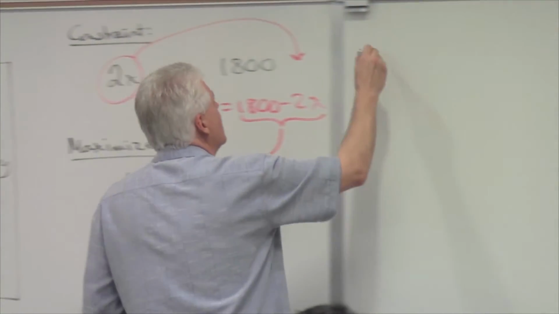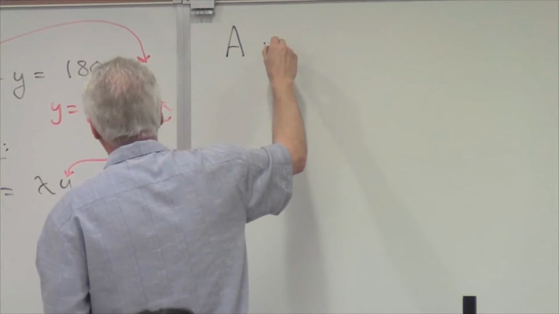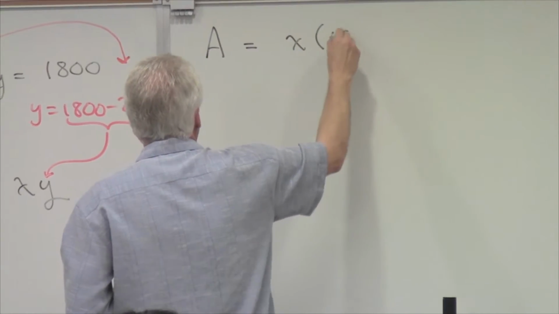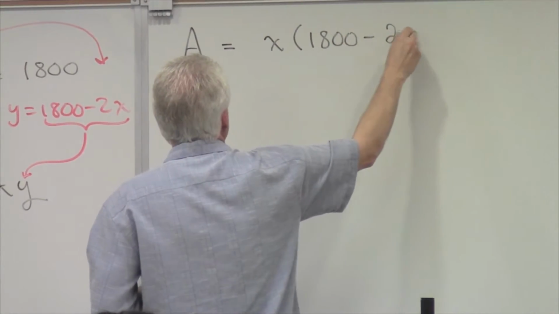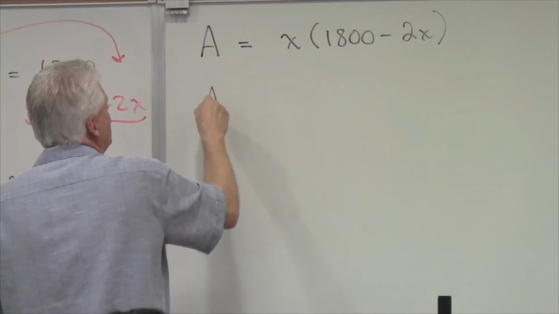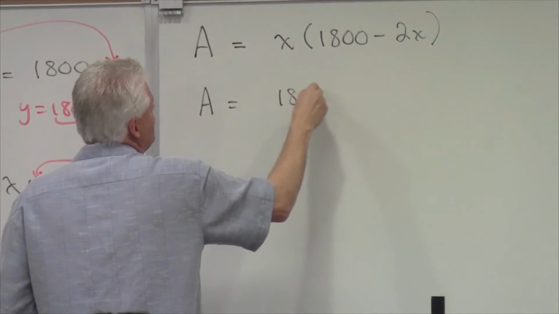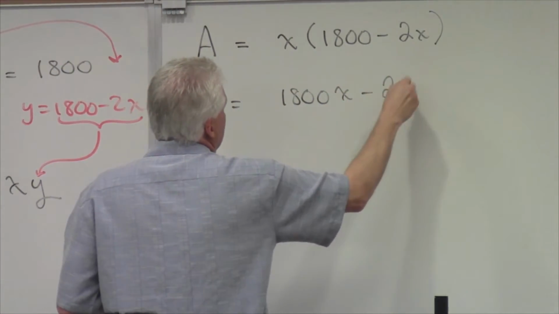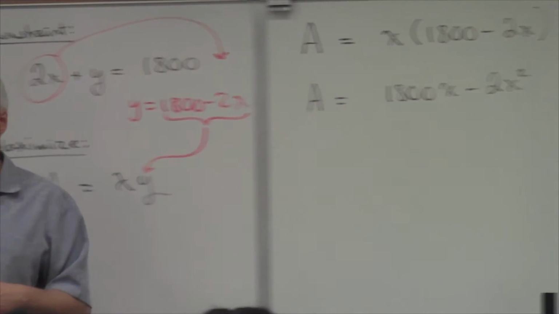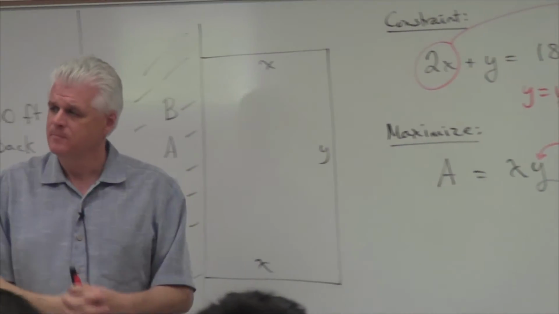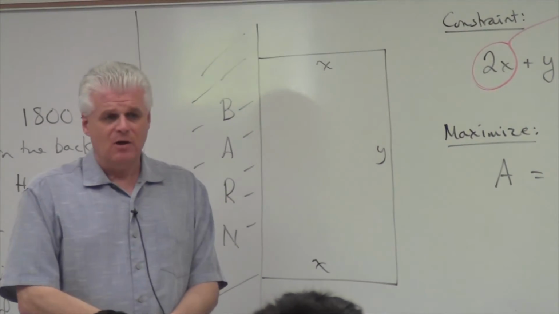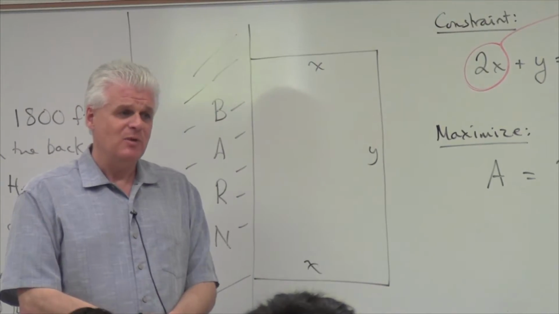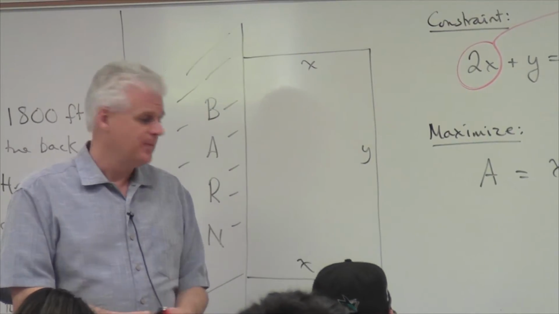So now we get that the area is x multiplied by 1800 minus 2x, or if I multiply that out, it's 1800x minus 2x squared. This makes sense so far? So that's the area. That's the thing we're trying to maximize. We want to make it as big as possible.